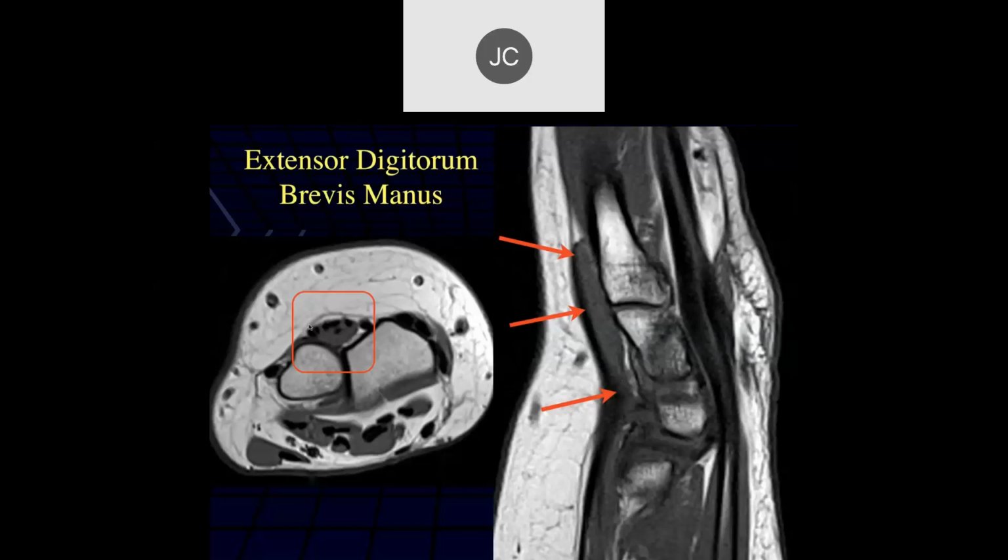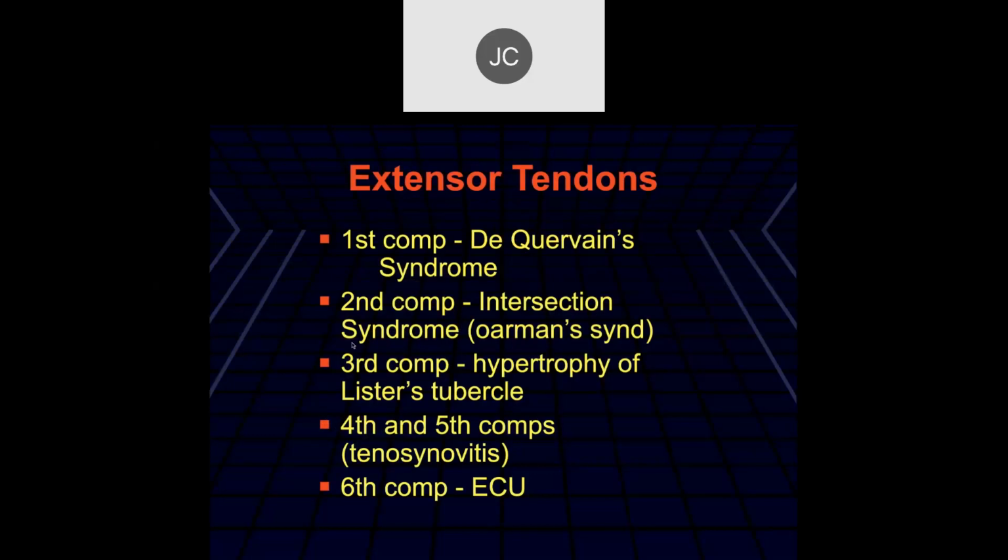As we've talked about before, the sheaths for the tendons are not designed to handle the volume of bulk muscle, and so you can get symptoms of muscle compression, ischemia, and patients who have these kinds of congenital variants often get edema within the muscle.